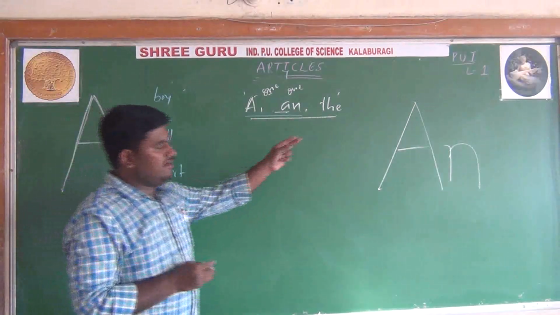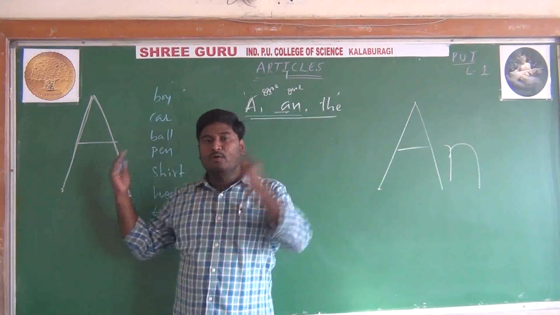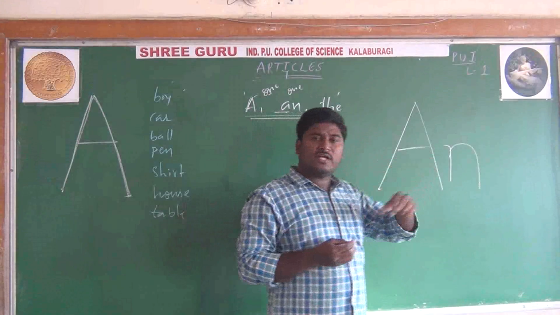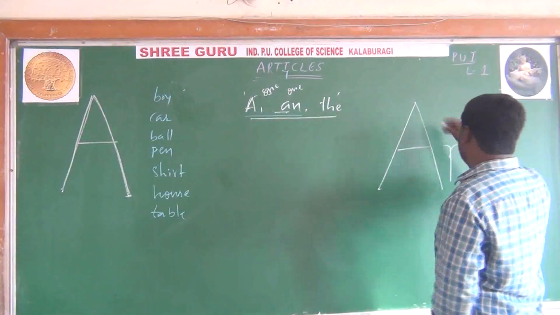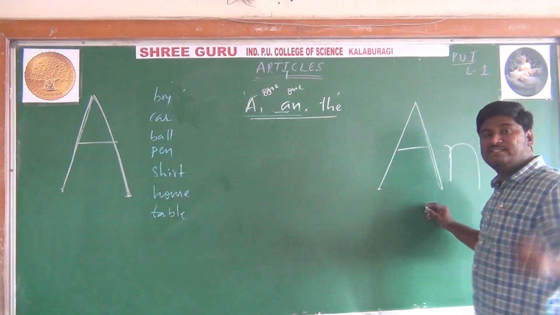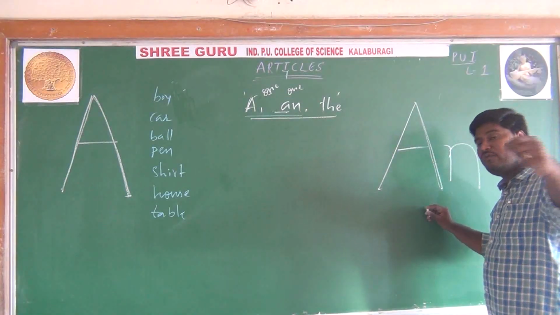Exactly the same with an, the opposite of a. An also literally means one. An is used before a singular noun which has a vowel sound.